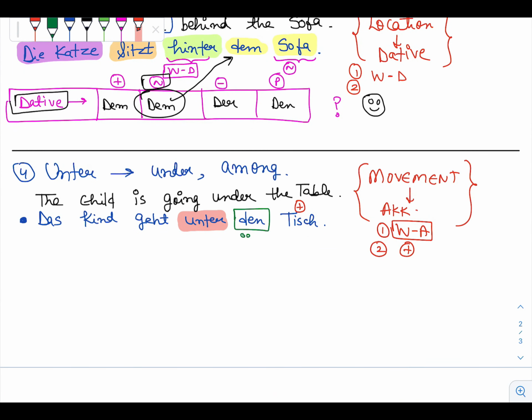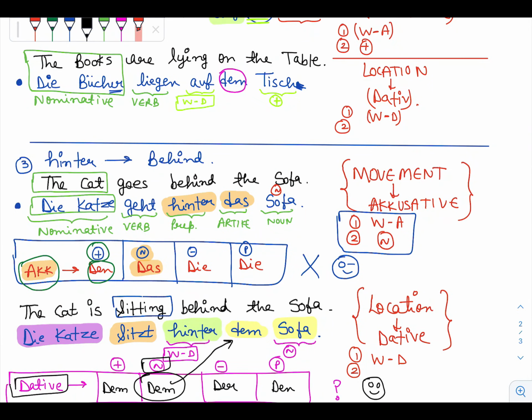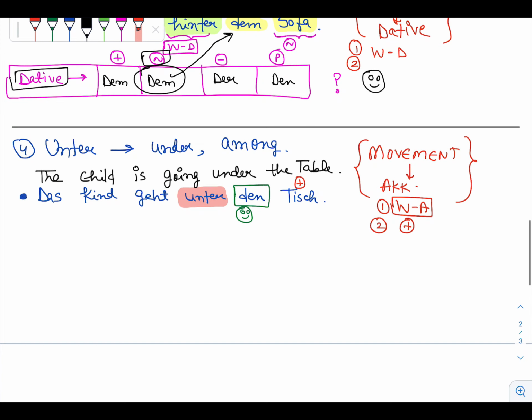That's why they wrote den here. Okay. This type of example you will see in your Arbeitsbuch also, and there are many examples like this in your A2. If you know this topic in A1, then it is very easy to learn more grammar topics in your A2 level. Now, second example.